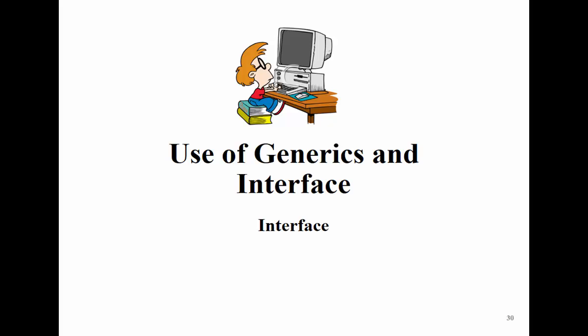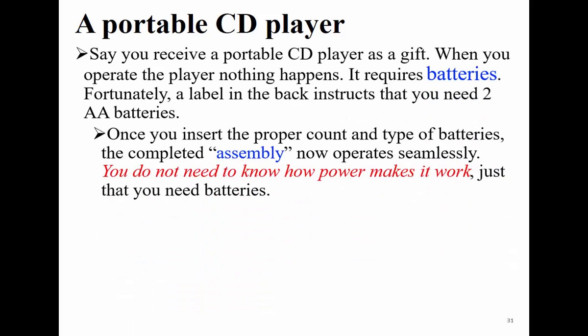We're going to come back to the generic once we visit inheritance and see the effect of generics with inheritance. Now we will cover a new topic, which is the interface. So let's say someone gives you a gift, a CD player, and you try to run this CD player, but it's not running.